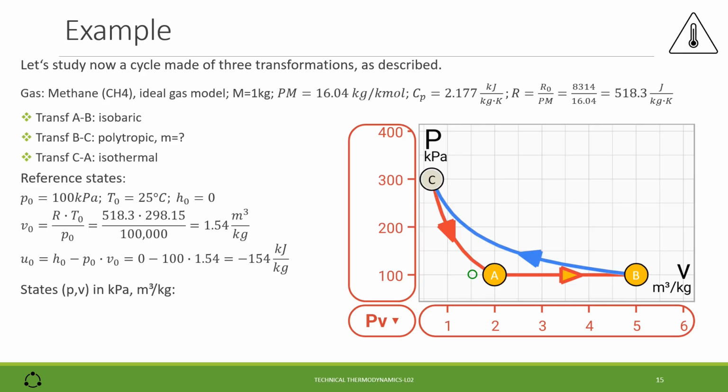The states in the diagram PV, expressed in kilopascal and cubic meter per kilogram respectively, are state A 102, state B 105, state C 300.67. Those are given values.